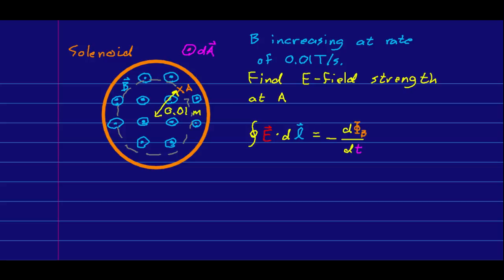If you think about Lenz's law, it will tell you that the E fields are going to point around this way. That's what the negative sign here is saying.